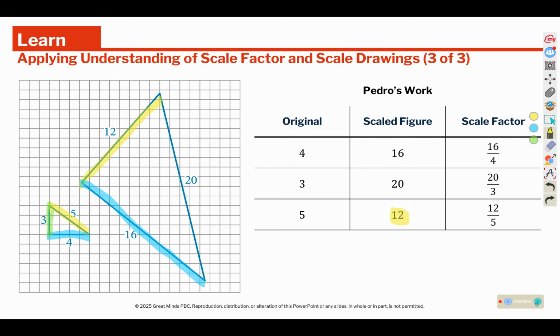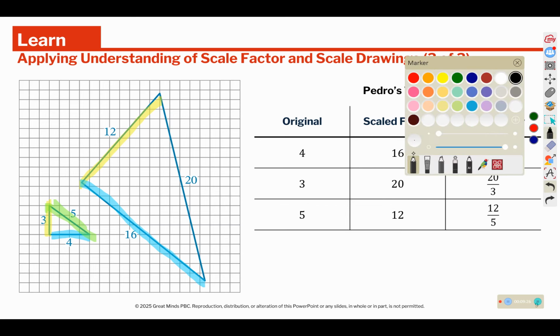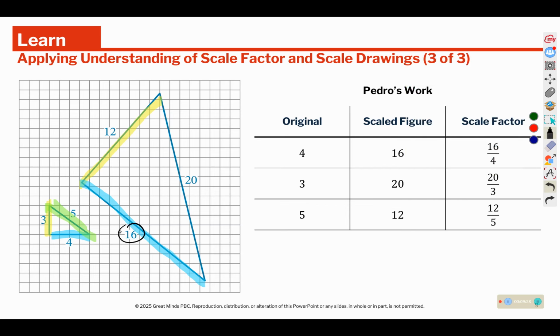Instead, we would want the 12 to be paired up with the 3 to make that same right angle, and the 20 to be paired up with the 5. So Pedro made an error because he didn't match up the corresponding sides.